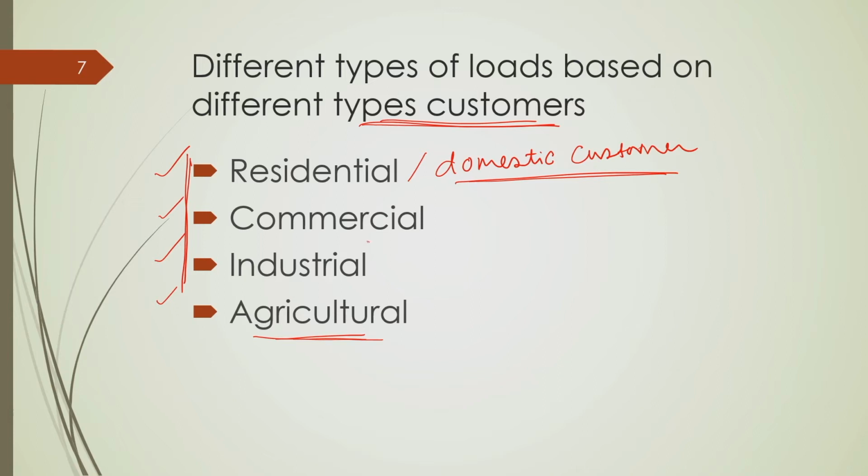They are also called domestic customers. Commercial customers are those who have certain commercial activity, so they have a certain amount of power demand. It includes small shops to large shopping complexes. Similarly, industry, as you know, is a very big power customer, who demands lots of power to operate their machineries and so on.